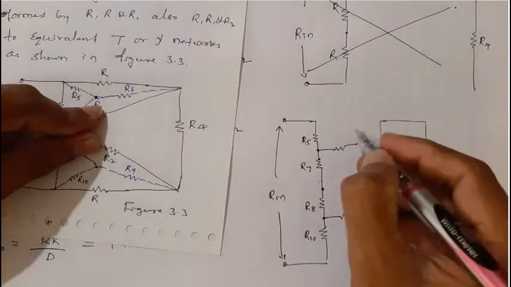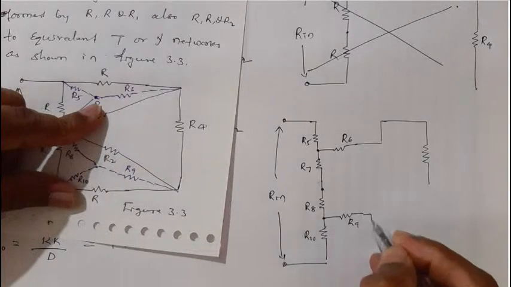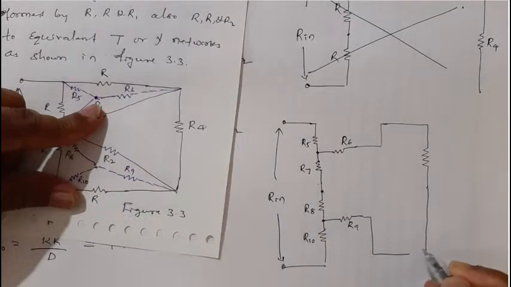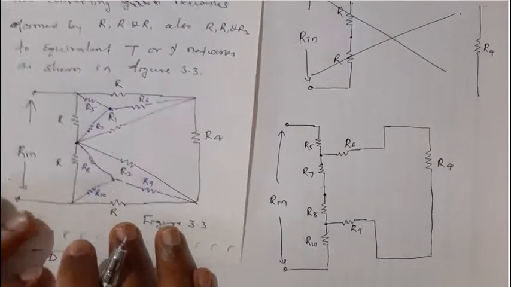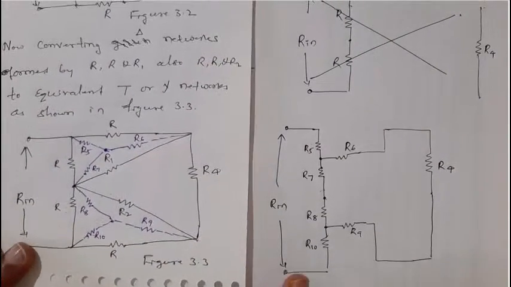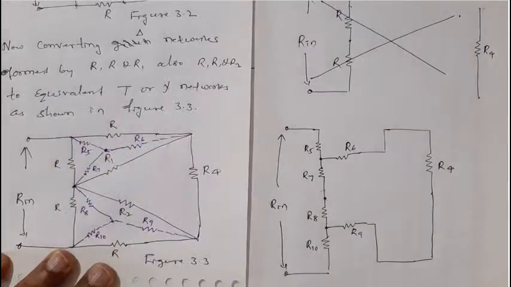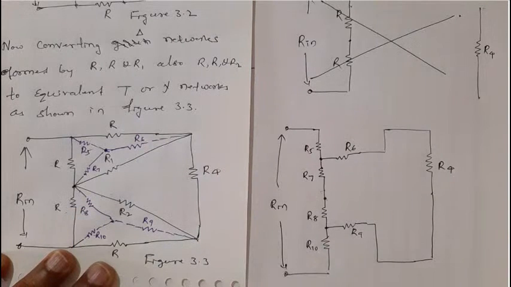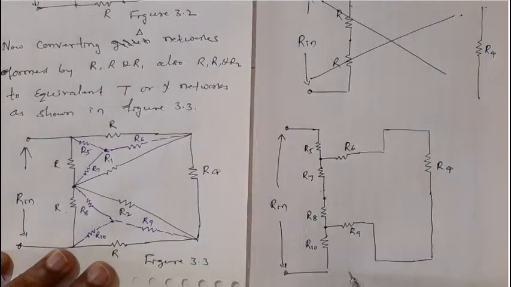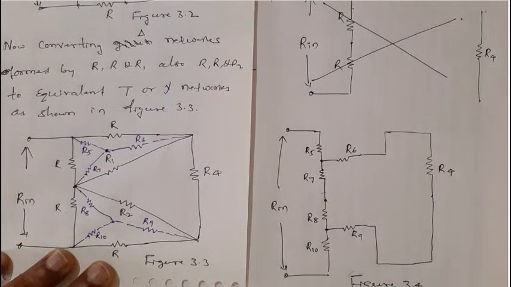This is R6 and this is R9, another end is connected to this R4. So hope this is clear to you, dear students. I have removed all resistors of the delta network and redrawn the remaining resistors. Okay, so I call this figure 3.4.